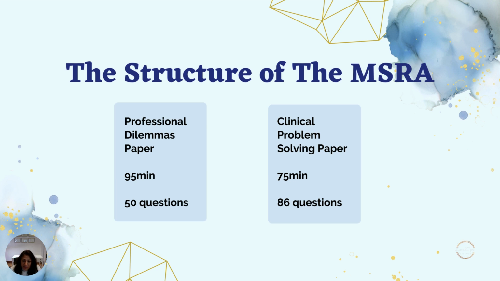There are 2 types of SJT questions. There's a ranking section, which is part 1, which requires you to rank a series of options in response to a given situation. So you rank them from most appropriate to least appropriate. There's no negative marking in the SJT.